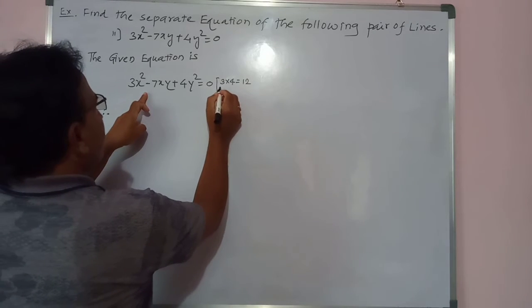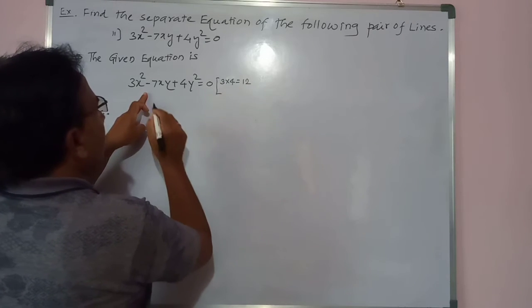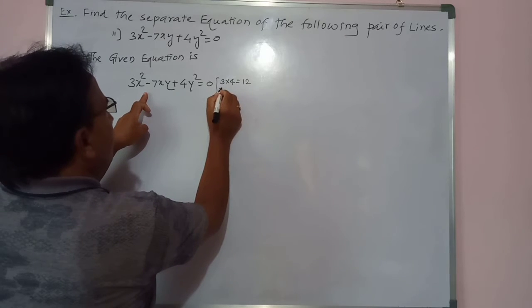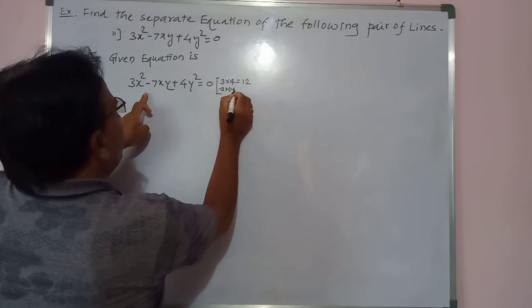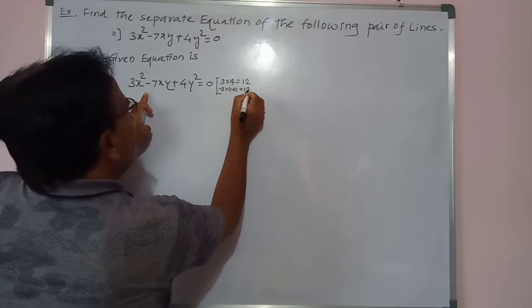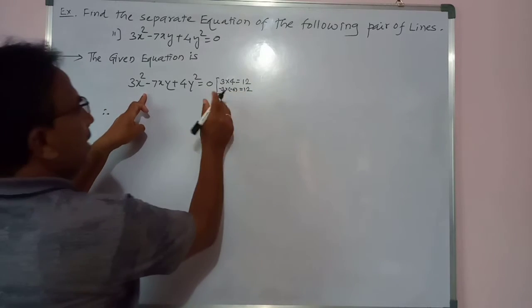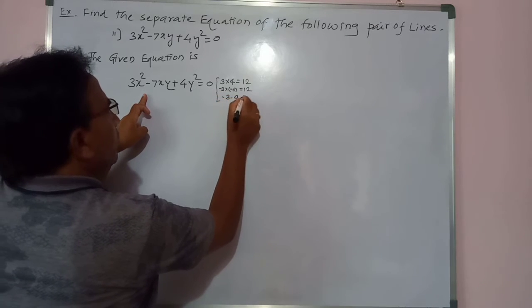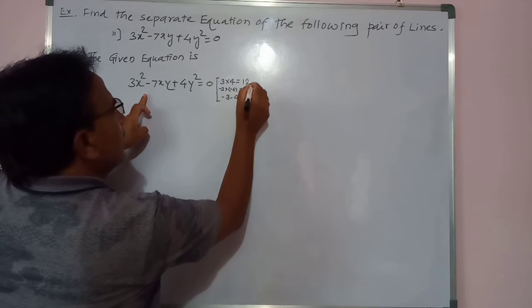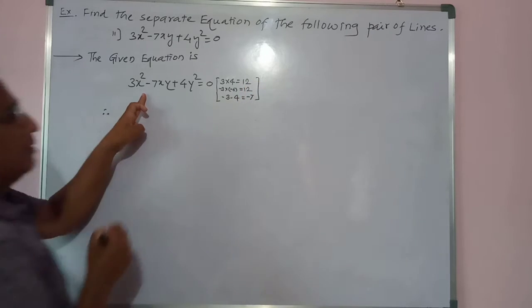The middle term −7 means the multiplication is +12 and the addition is −7, so the numbers are −3 and −4. The multiplication is +12 and the addition is −3 − 4 = −7.